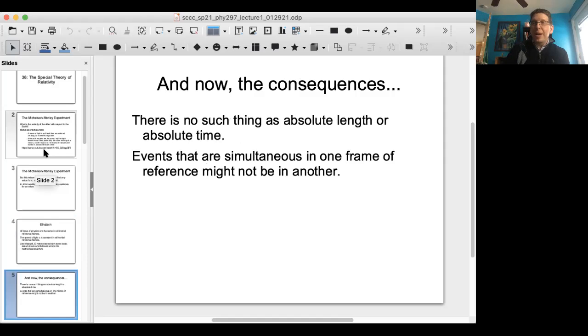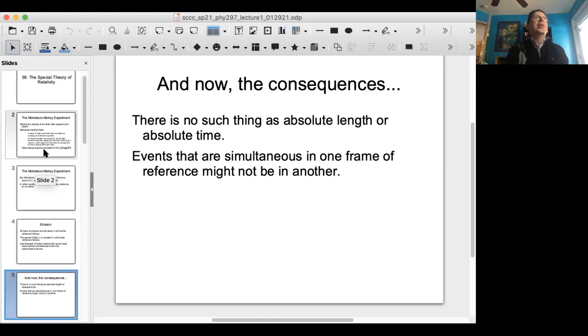The primary consequence is that if you take the speed of light to be invariant, then space and time become relative.